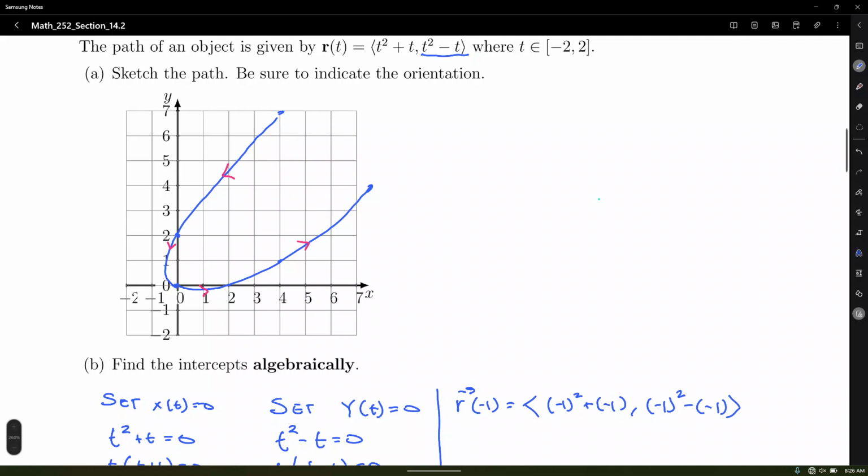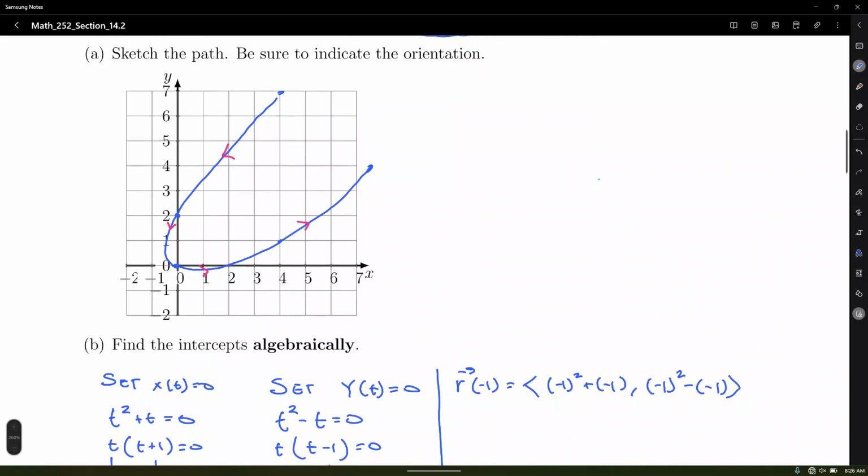Careful here. So what's that going to give us? Negative 1 squared becomes positive 1 plus negative 1, they cancel out, giving us 0. And negative 1 squared is also positive 1, minus a minus becomes a plus, which is 1 plus 1 equals 2.